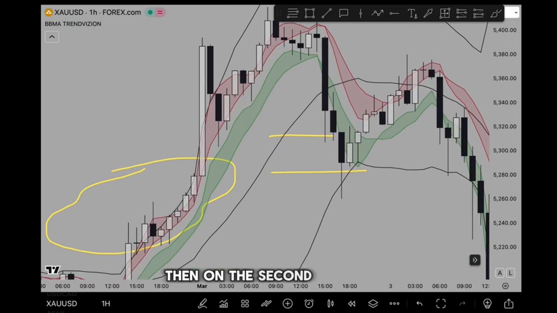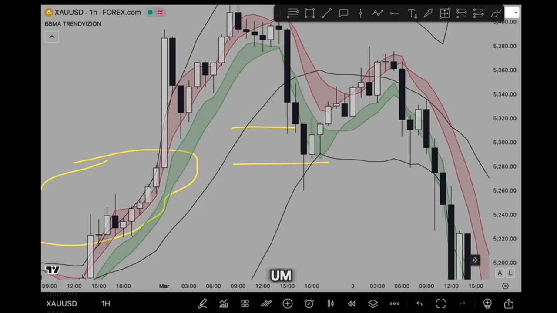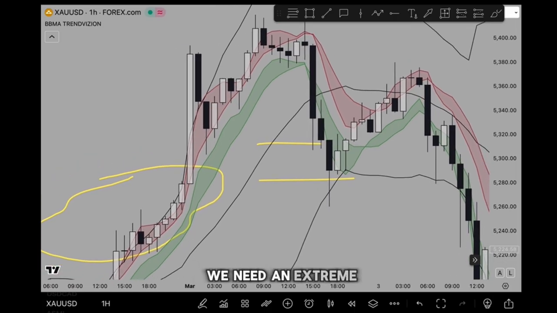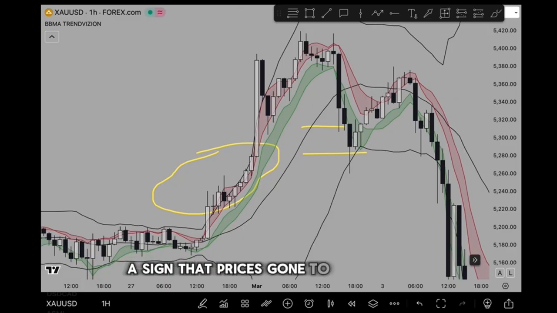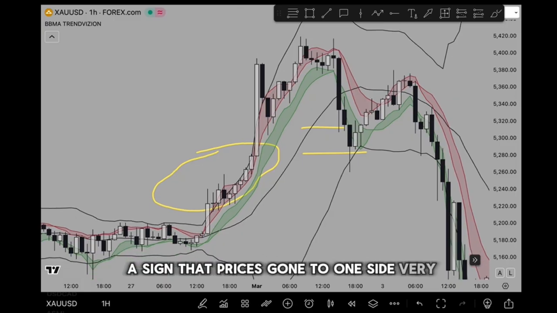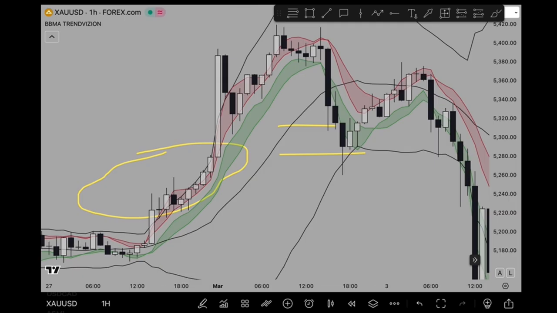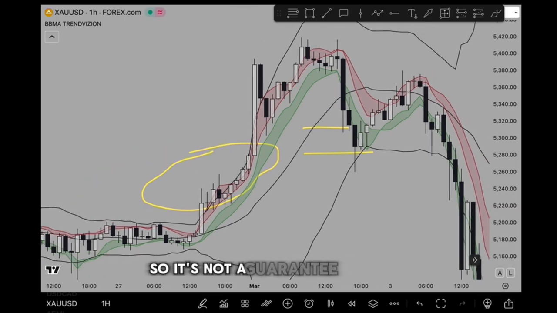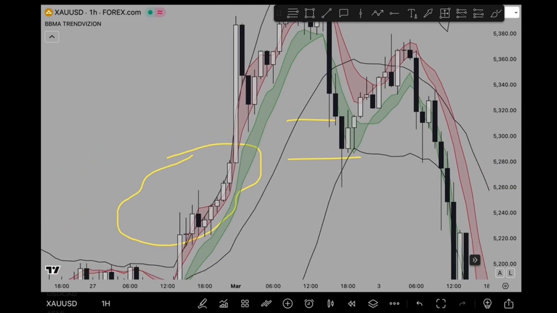Then on the second time frame, which is in this case the 1 hour, we need an extreme. So what is an extreme? Well, it's basically a sign that price has gone to one side very far and it can reverse at that point. So it's not a guarantee, but it is a possibility.